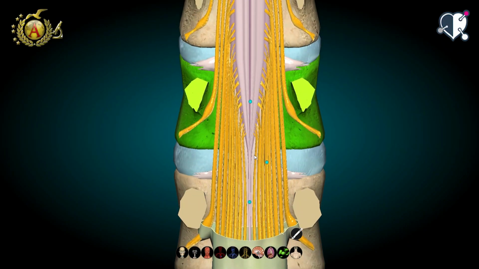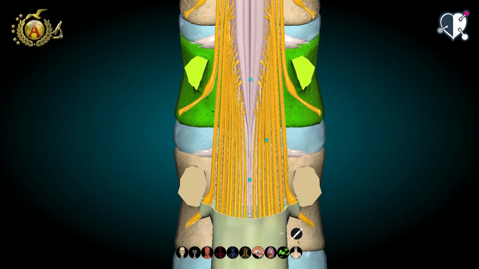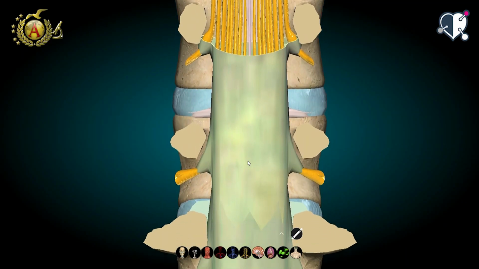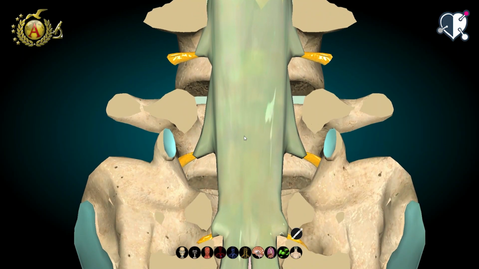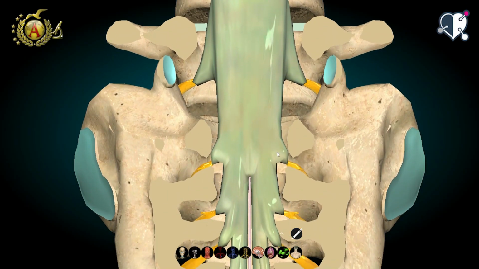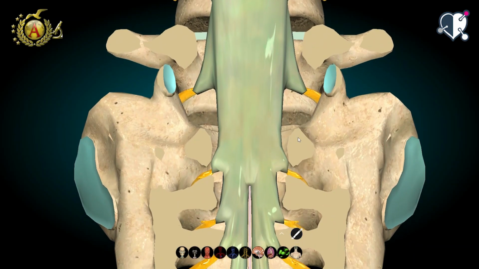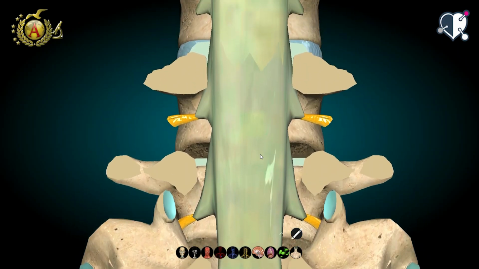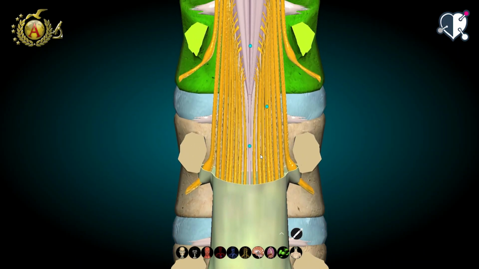Anatomically, the filum terminale can be divided into 2 parts. The upper portion, known as the internal filum terminale, extends down to the second sacral vertebra and remains enclosed by the 3 meninges and their associated spaces. At this level, the subarachnoid space expands into a dilation called the terminal cisterna.